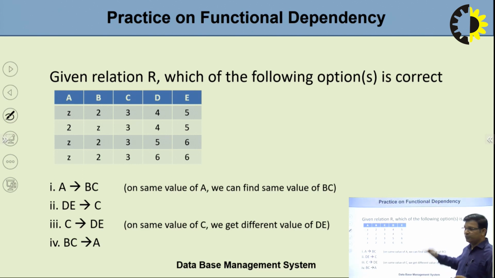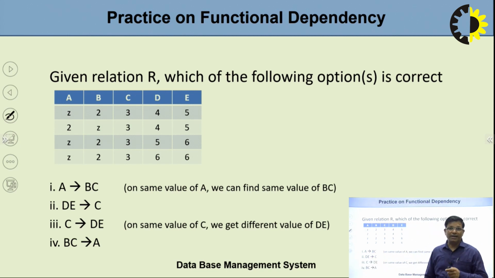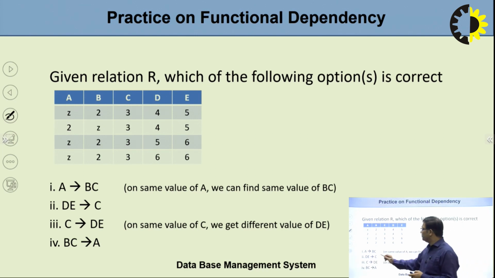Another two examples are on the basis of functional dependency. You need to identify which statement is wrong or correct. If BC is functionally dependent on A, then this statement will become true.